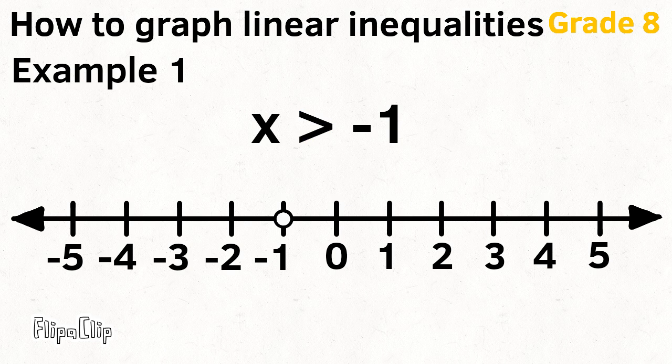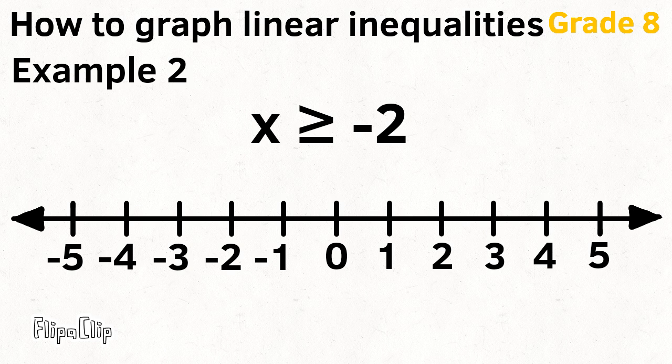The next step is to plot a line. If we use the greater than symbols, the line points to the right. But if we are using less than symbols, then the line points to the left. In this case, we are using the greater than symbol, so the line points to the right. And that's how you graph an inequality.